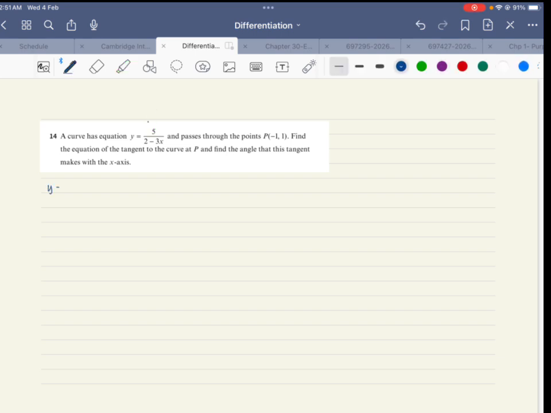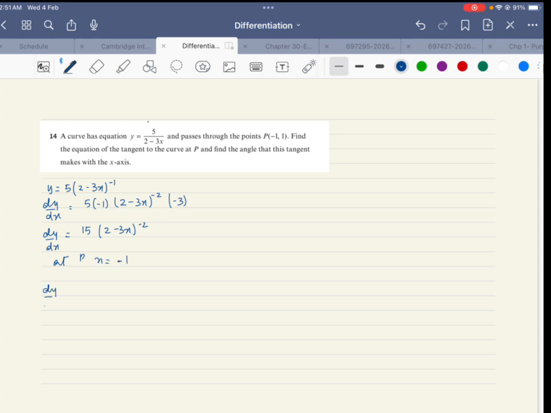So we have y equals 5 bracket 2 minus 3x to the power minus 1. Now dy by dx equals 5 bracket minus 1, 2 minus 3x to the power minus 2, differentiated, minus 3. So this becomes dy by dx equals 15 into 2 minus 3x to the power minus 2. At P, x equals minus 1.